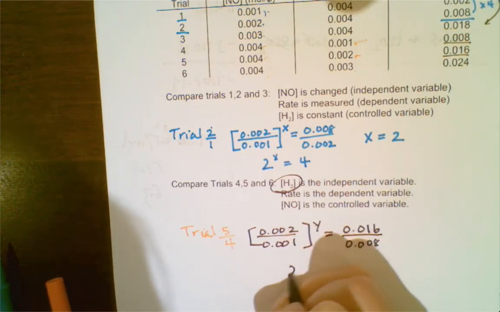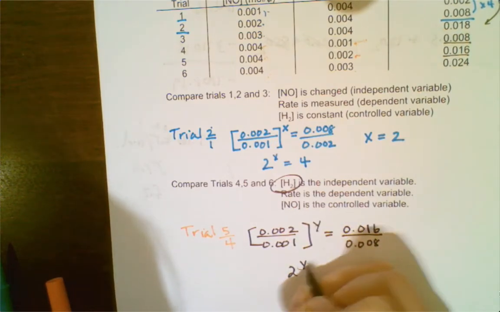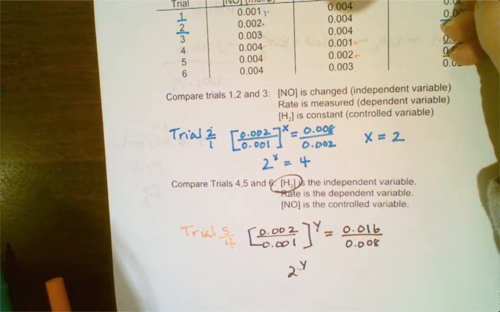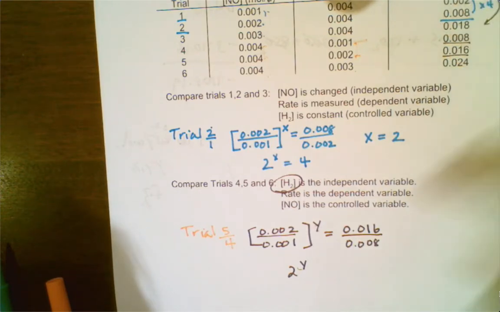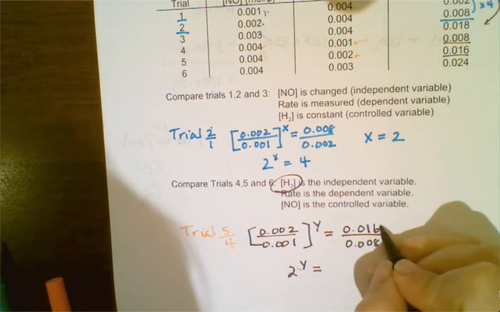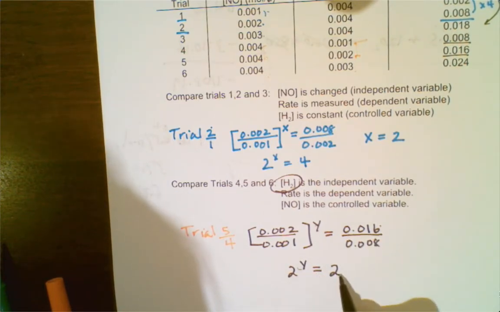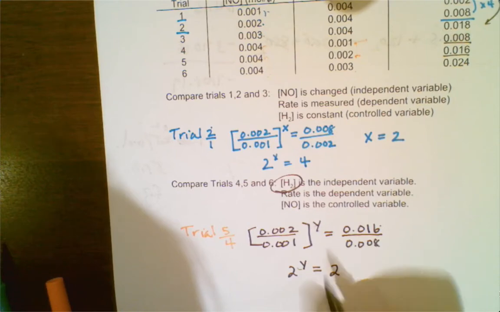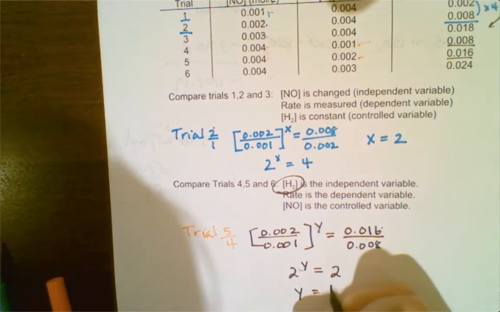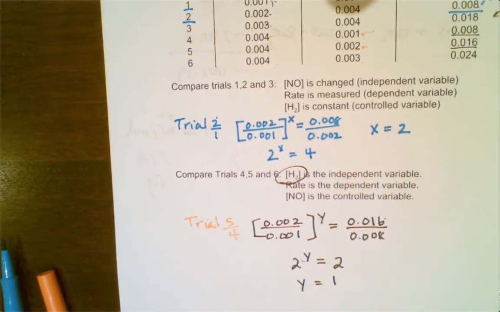And I noticed that 2 to the y, and again, I chose y because that's the arbitrary letter that I chose for that particular reactant. And I divide those, and I see 2 to the y equals 2. What value would I pick? y equals 1. So we would say that the order for this particular reactant is first order.